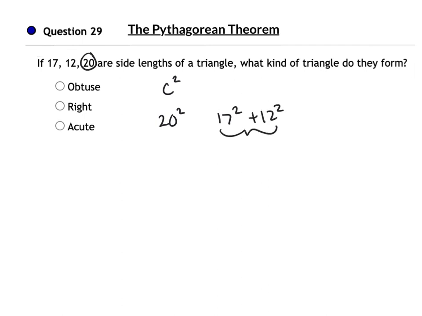So I'll put this in the calculator. It is 433. 20 squared is 400. So C squared is less than A squared plus B squared, meaning the hypotenuse in a right triangle, if you shorten it, it's no longer a right triangle, it's acute. Acute is the answer.